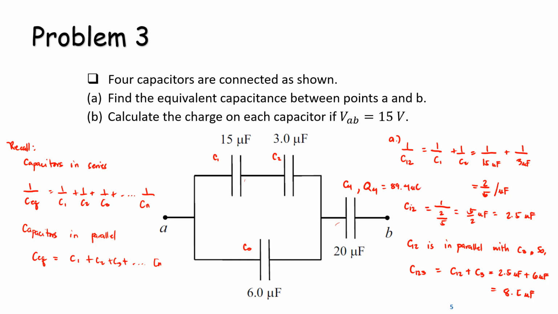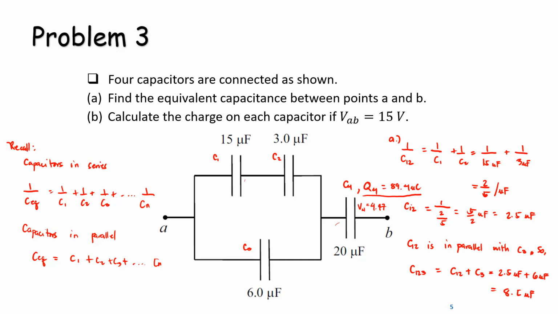Now, we will get Q3, Q1, and Q2. We will be using our information that the voltage drop V4 is equal to 4.47.